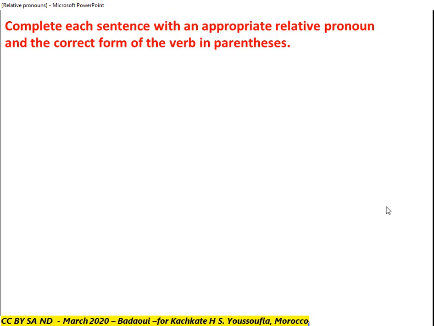Complete each sentence with an appropriate relative pronoun and the correct form of the verb in brackets, in parentheses. Here we need to complete with who or which or that or whose. Then you put the verb between brackets in the correct form.